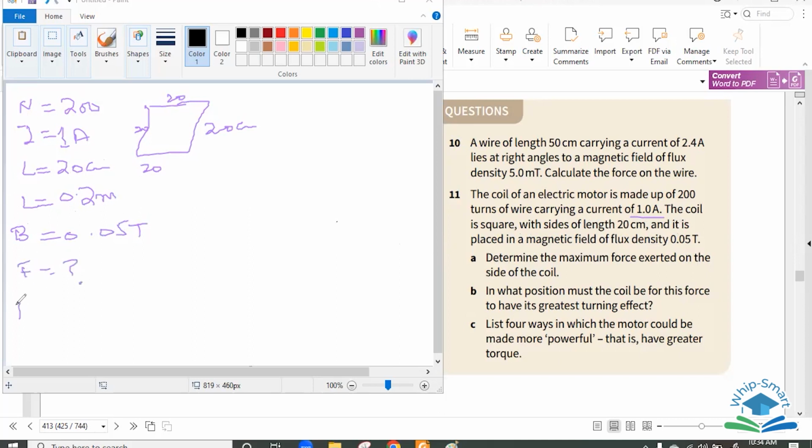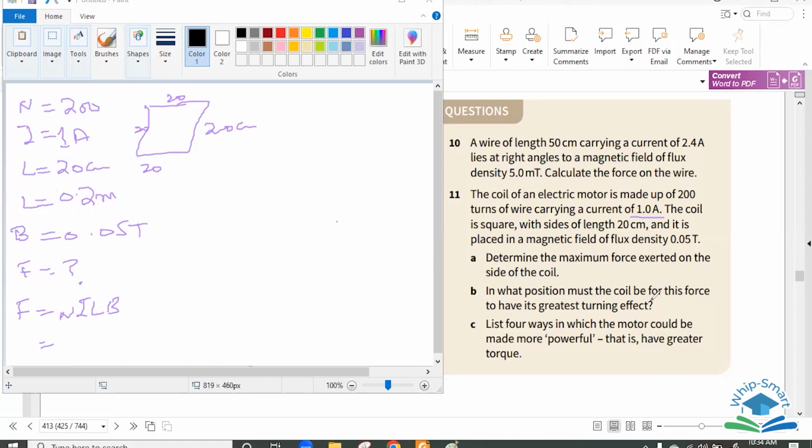So for force, we will use the same formula, F is equal to ILB. And as it is placed perpendicular, so there will be no sine theta, just multiply it by n. ILB is for one conductor, and if we have a number of turns, like here we have 200 turns, so we will multiply by n. Just multiply all of these quantities and we will get the force.